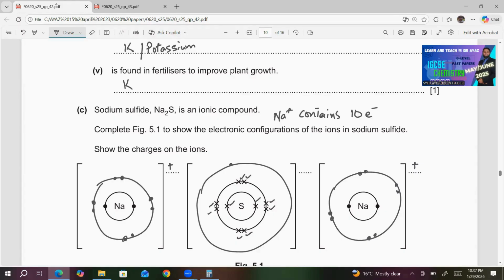This one from one sodium and this one from another sodium. Now we need to show the valence electrons of this sulfide ion. 1, 2, 3, 4, 5, 6. Now it has gained 2 electrons. So you will put -2 or 2 minus.